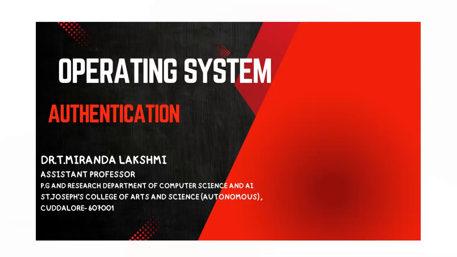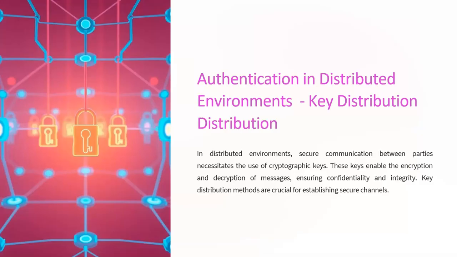And the distributed environment is about link-to-link encryption and end-to-end encryption. Now, in this video, we are going to discuss how authentication in a distributed environment is done. That is the key distribution method.